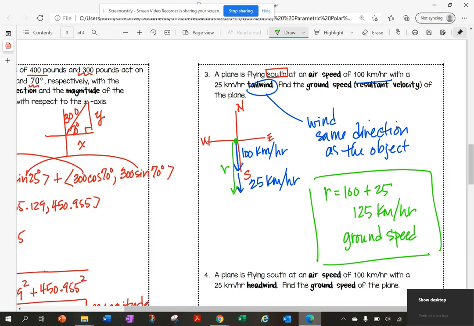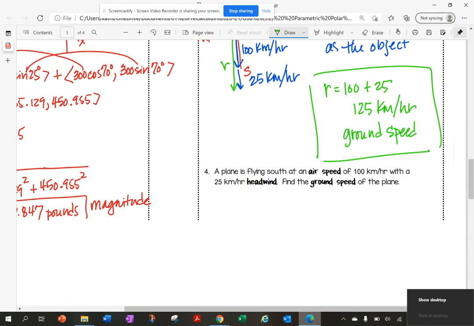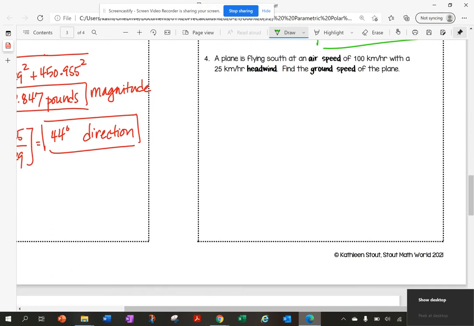Okay, let's try another one with a little bit different vocabulary. A plane is flying south at an airspeed of 100 kilometers per hour. So north, south, east, and west.